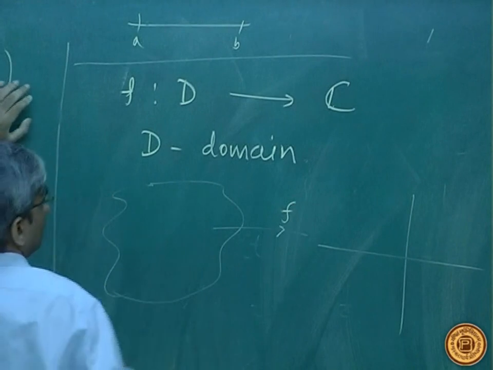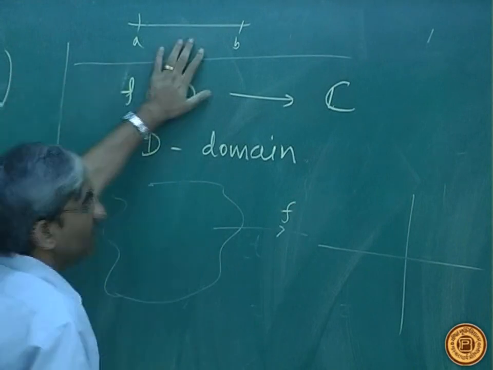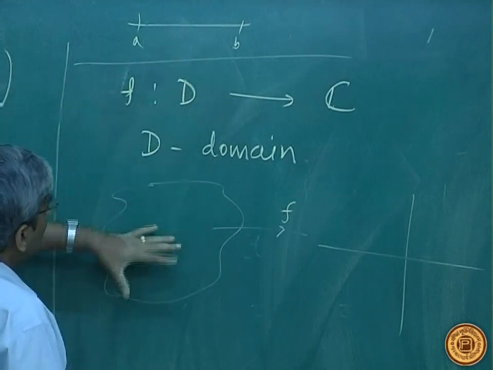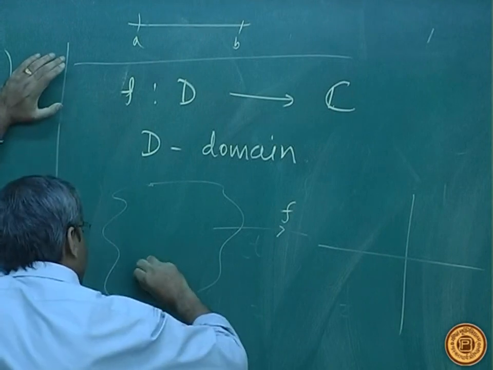But over what? Like here it was on an interval. Here what do you want to take? So here you want to integrate on a contour.